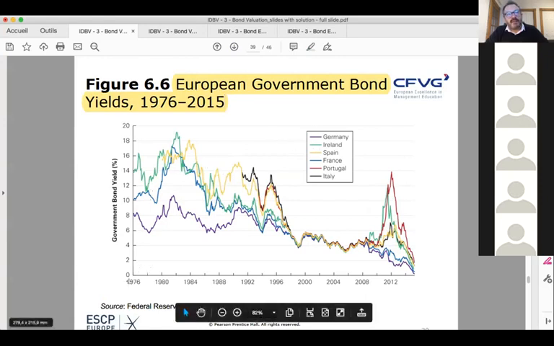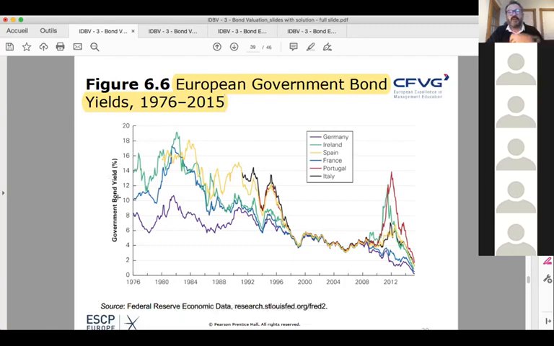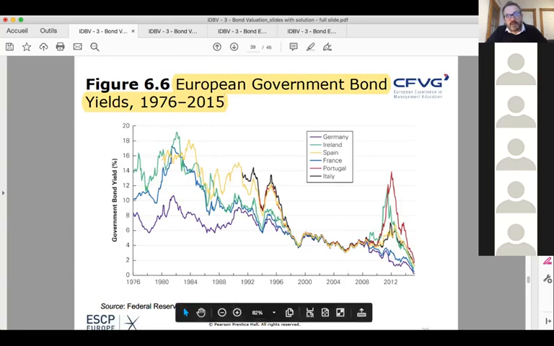From 1976 to 2012 and more, we can see the evolution of the government bond yield, so the interest rate they had to pay on their bonds. You can see there were a lot of fluctuations, and the rates were very high in the 80s in Europe. We had a very high level of inflation at the time. Okay, and we can see something interesting here. Everyone goes in the same direction around 99 or something like this.